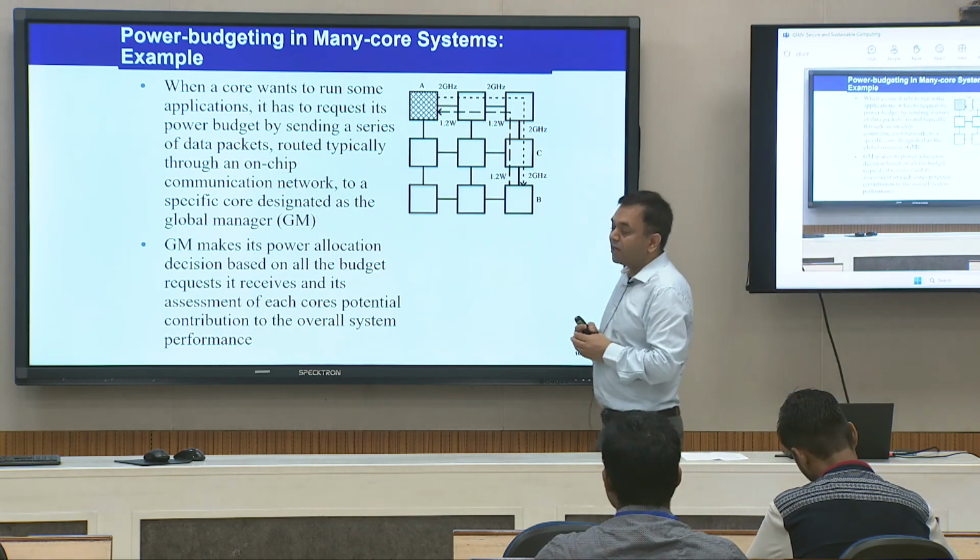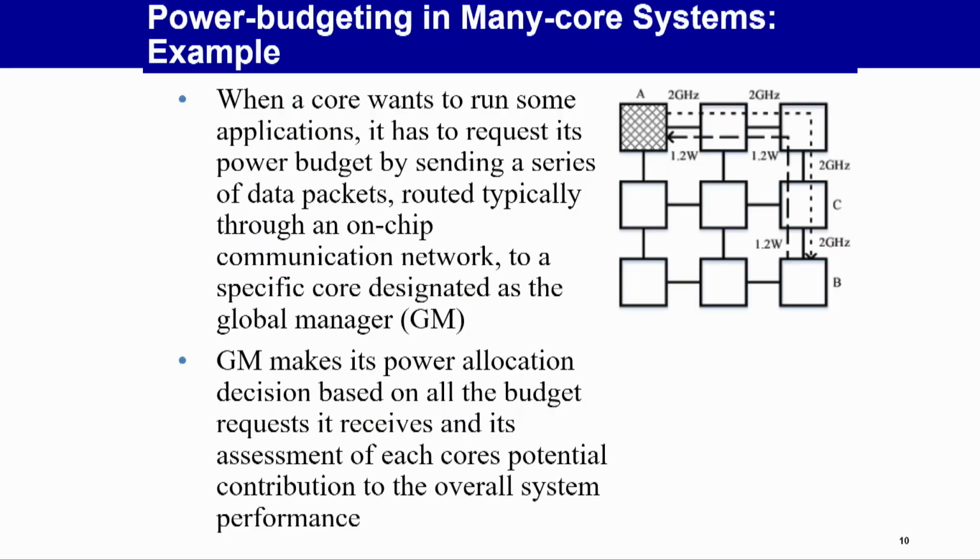Now let's look at an example. This is a 3x3 multi-core, or many-core, system. When a core wants to run some applications, let's say core B, it sends a request to one of the cores that acts as a manager, because out of all the cores there is one that is managing everything.